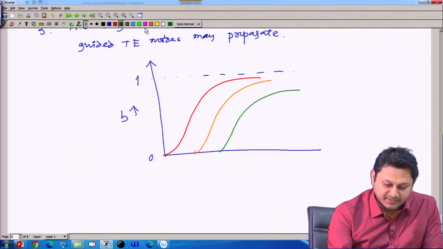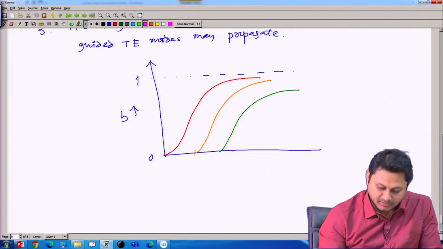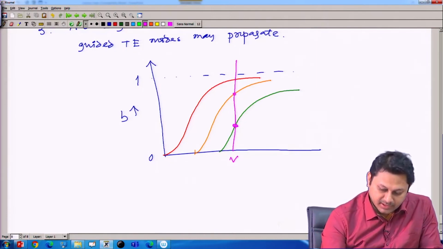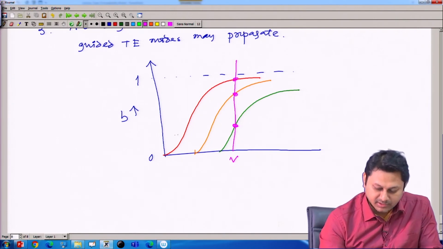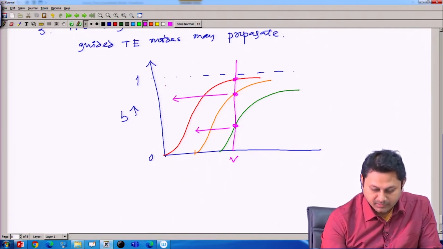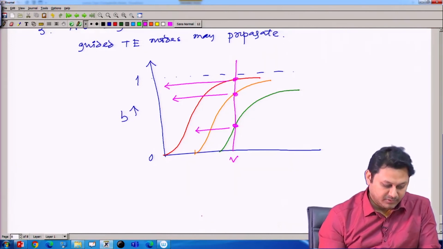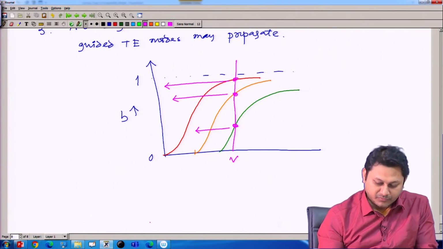Now if I have some value V, suppose I draw here some value V, then for this value I have discrete cutting points, and these are the solutions and these are the values of B. So, this corresponds to one B, this to another B, and this to another B. So, these are the modes that will propagate.